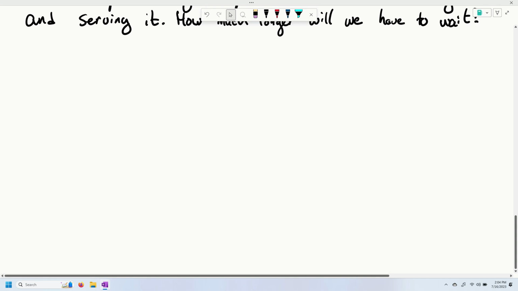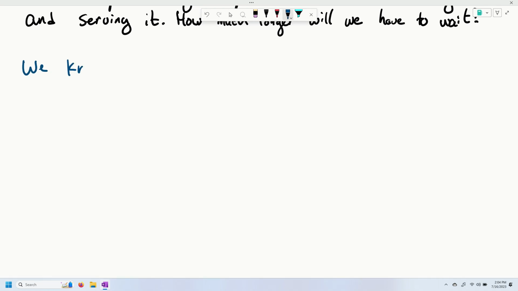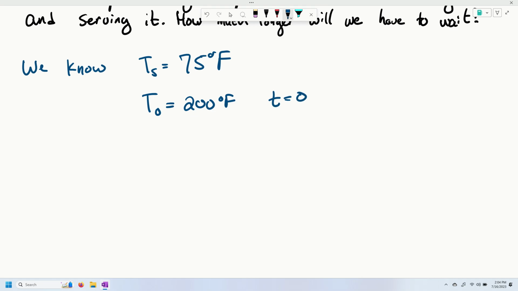So let's label some things we know. We know the ambient temperature is 75 degrees Fahrenheit. We also know the initial temperature is 200 degrees Fahrenheit, as soon as it comes out of the oven at t equals 0. All right.